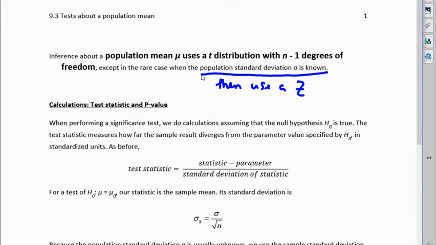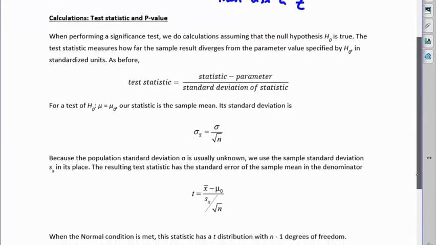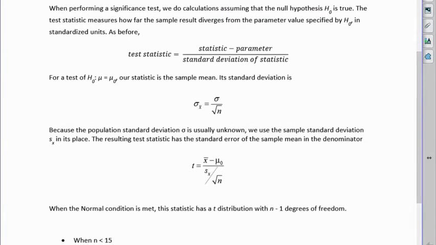But for the AP test, we're going to say that we're going to always use a t if we have sample standard deviation, and we will use a z only when we have known standard deviation based on previous studies or some other reason like that. So finding the test statistic is generic. You're going to be using that sample value minus the population value, and then your choice of what to use down here.